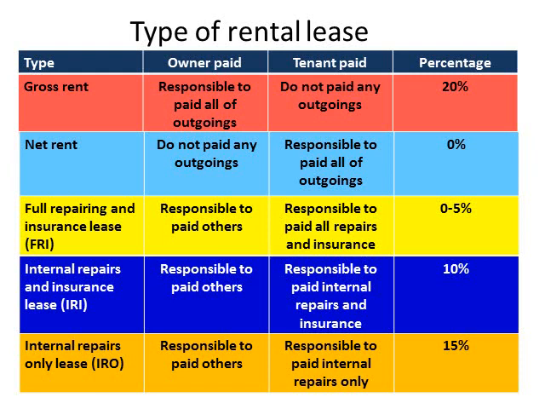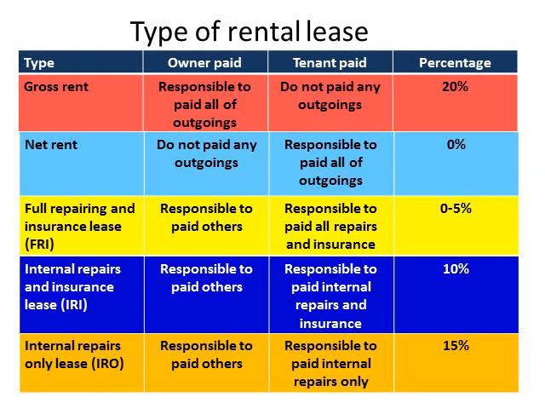So it will cover the cost of internal and external repairs, insurance, management, taxes, and also service charge for the strata buildings. So we could say that the owner will pay about 15% of outgoings.